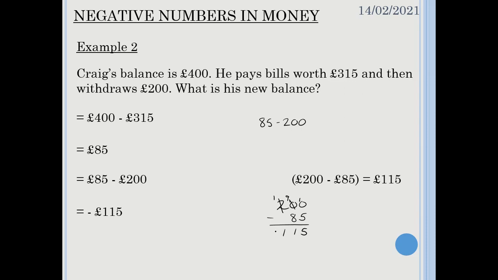And we could have done it that way. If we're doing it this way, where we've made the 200 the bigger number, the number we subtract from, we have to remember that when we give an answer, it's going to be as a negative.